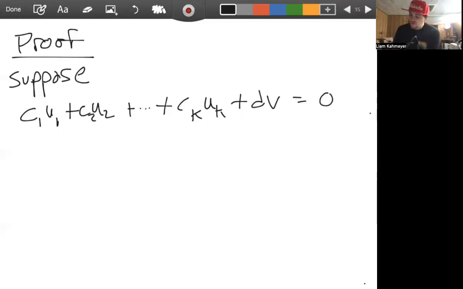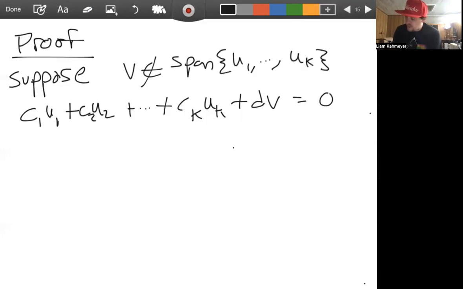And again, this is for the set u1 through uk, and we're assuming, so let's suppose that v is not in the span of u1 through uk, right? We're assuming that. And consider the following equality here.